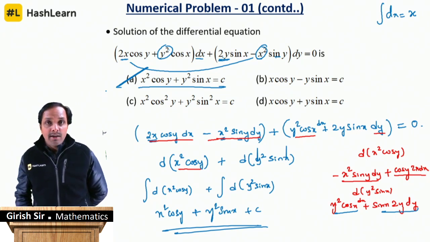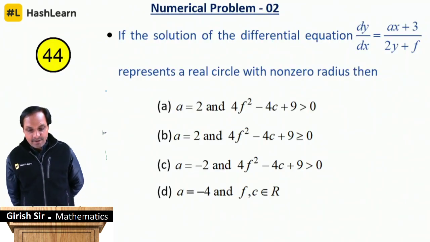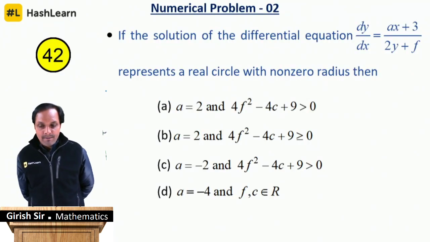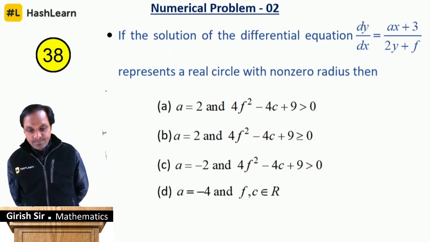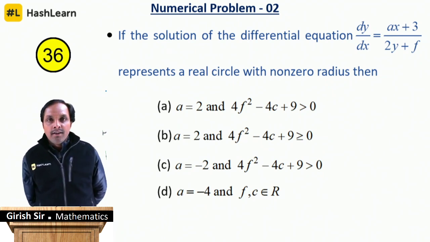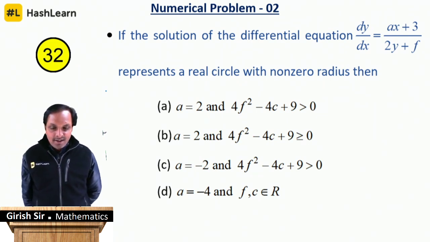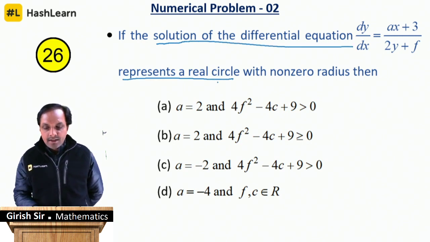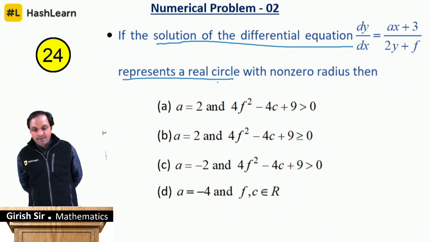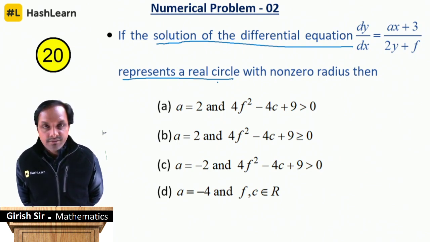So next numerical number 2, you will have 45 seconds. Try to get the right choice, and here is the problem. Very important problem. So this is a JEE advanced problem. You have to find the solution that represents a circle with non-zero radius. 0 should not be the radius.